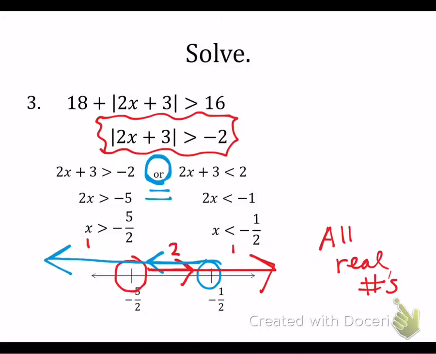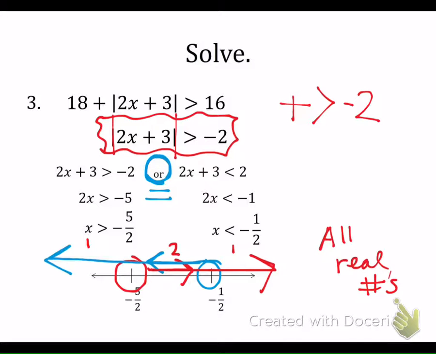The left side is always what? Absolute value is always positive. So I am saying any positive number is greater than negative 2. Tell me a time when that's not true.